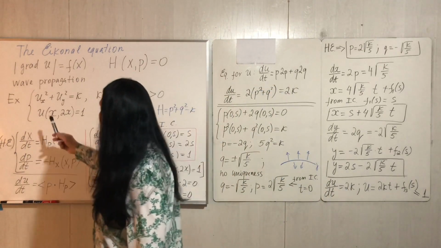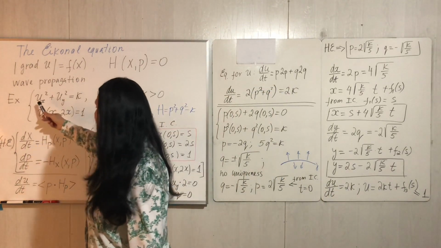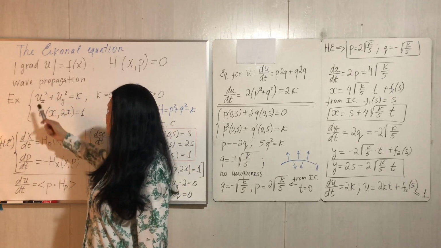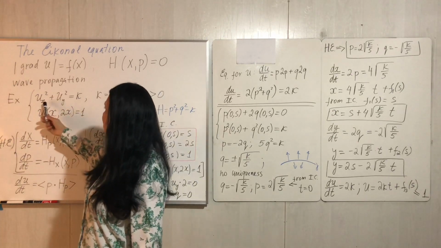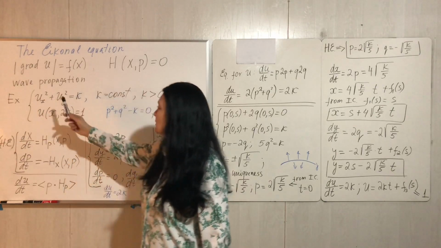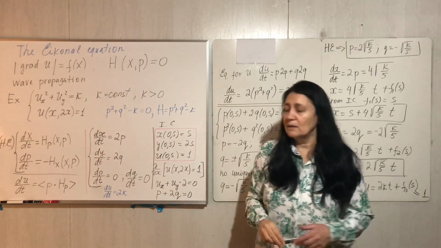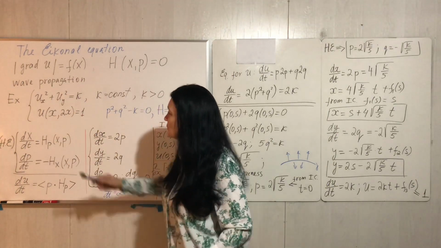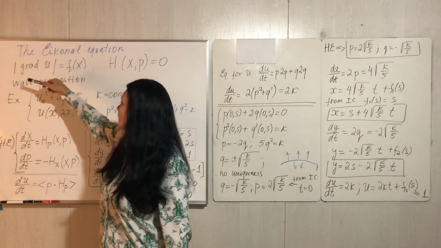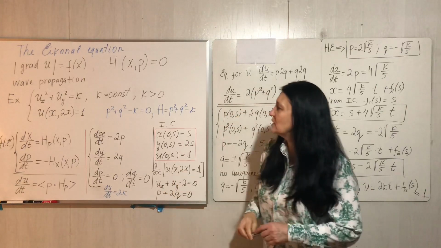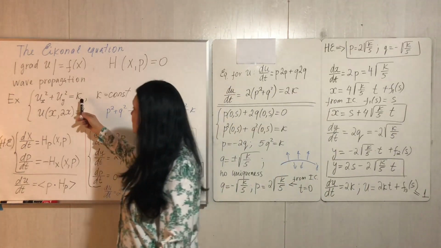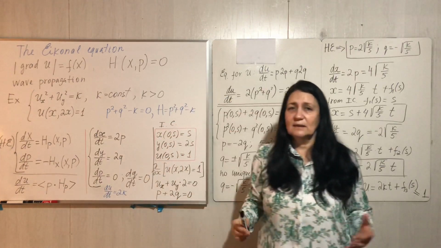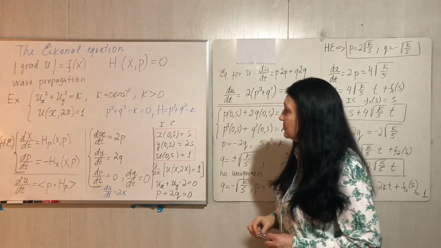Then in two variables our equation will be the first derivative with respect to the first independent variable squared plus the first derivative with respect to the second independent variable squared, right? So we have the gradient and the magnitude of this gradient equals k. And let's take this as initial conditions.